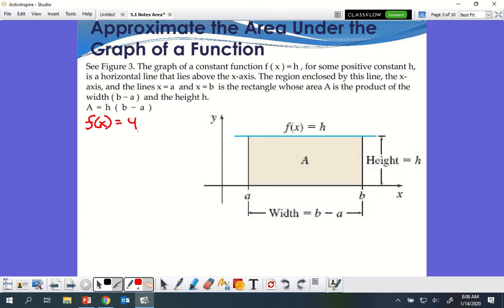That's my straight line, right? And it's between the points A and B, but let's give those a 1 and a 3.